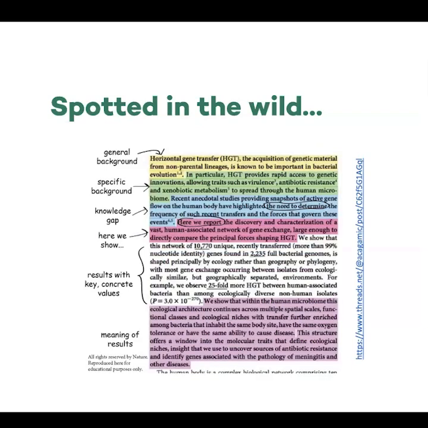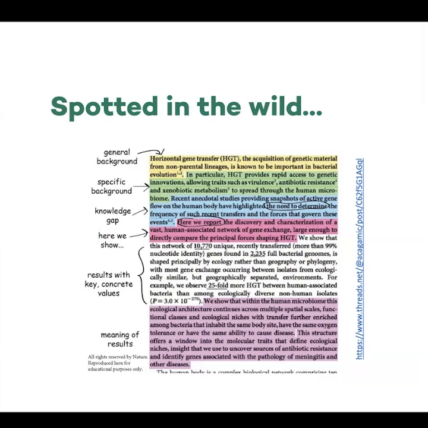And this is an example that I found in the wild. In other words, I stole it from the web, but the URL is on the right. And this highlights those structural features in an abstract about horizontal gene transfer, so I'm not going to pretend to understand the material, but you can see very clearly one sentence general background, one sentence specific background, one sentence knowledge gap.